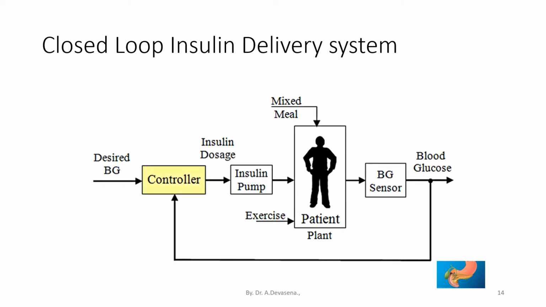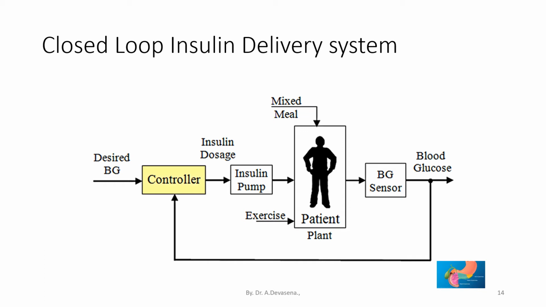The desired blood glucose is fed to the controller. The insulin pump is connected to the controller. The dosage of the insulin is controlled by the controller. The insulin pump is further connected to the patient. To the patient, a blood glucose sensor is connected.